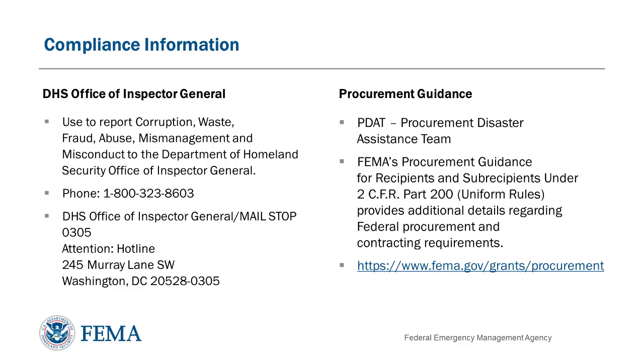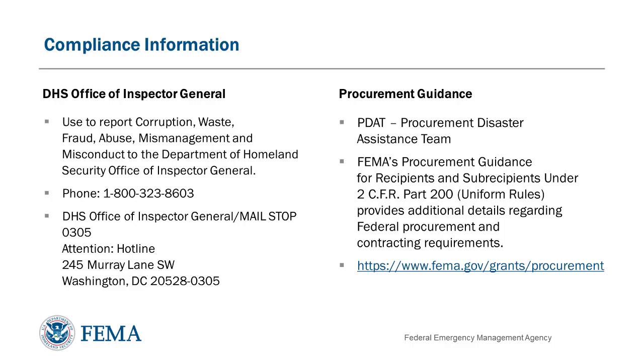We have a phone number here of 1-800-323-8603, as well as a mailing address if you would prefer to send something in via mail. You can address it to DHS Office of Inspector General, mail stop 0305, Attention, hotline, 245 Murray Lane Southwest, Washington, D.C. 20528.